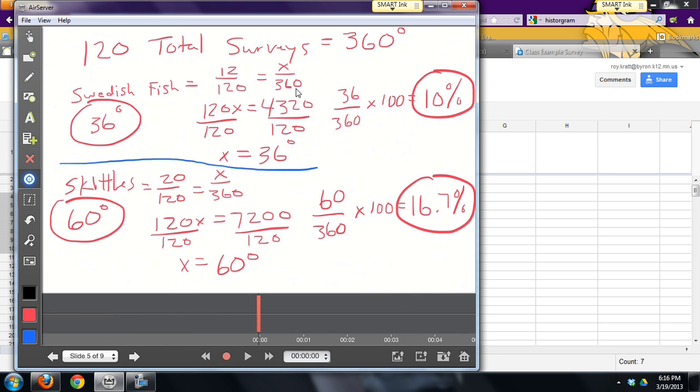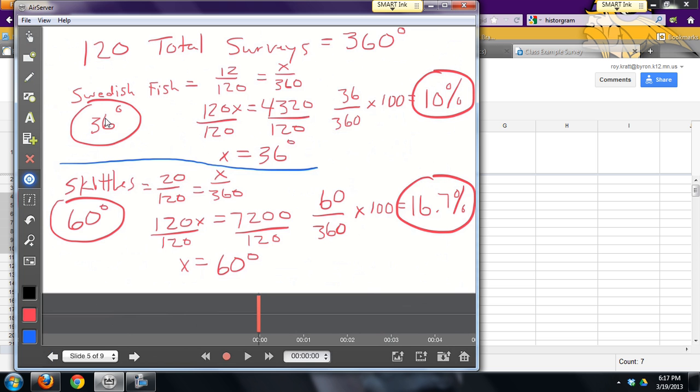That's always going to be over 360 for all of our problems, and 120 is not going to change either, because that's how many surveys we're taking. So 12 over 120 equals x over 360. Cross multiply, I get 120 times x equals 4,320. Divide by 120, and I get x equals 36 degrees. So there's my 36 degrees right there.